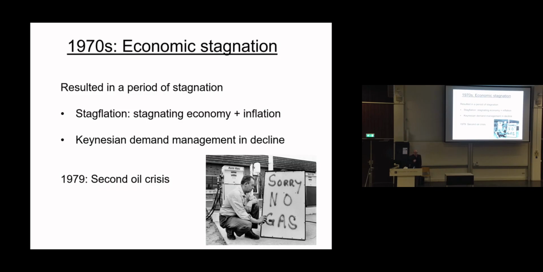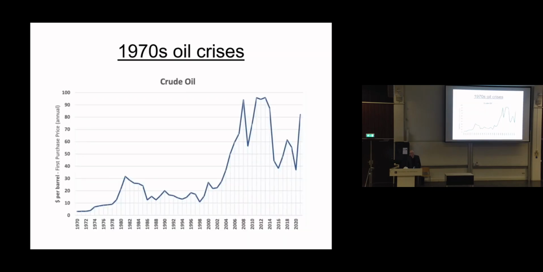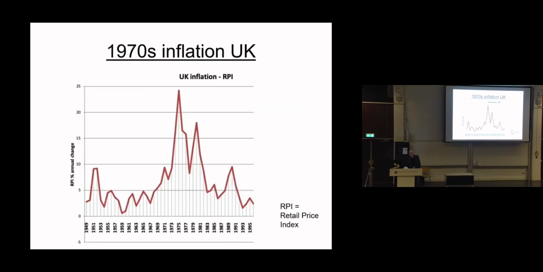It was also seen as the end of Keynesian aggregate demand management. And in 1979, a second oil crisis hit the economy. We can see that reflected here in the inflation in the UK.